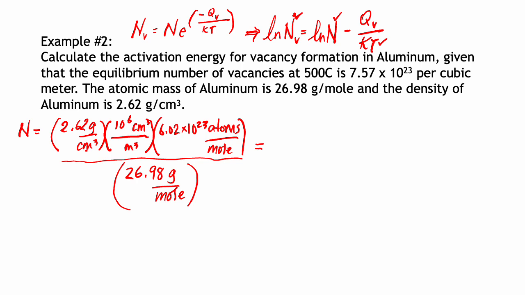So 2.62 times 6.02. My numerator is 15.77 times 10 to the 29. My denominator is 26.98.